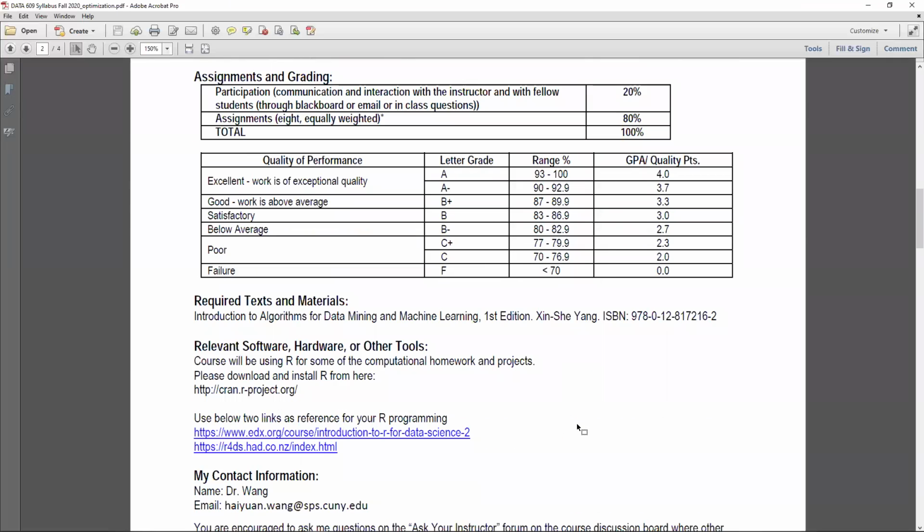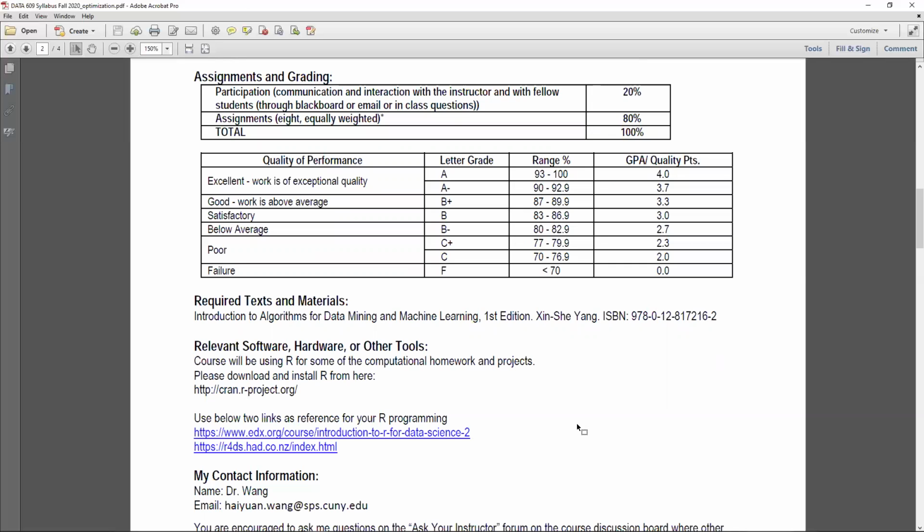In terms of the structure for the course, assignments would be 80%. You would have 8 assignments, and they are equally weighted, meaning each one of them would count for 10 points. And then participation you should expect to account for 20%.